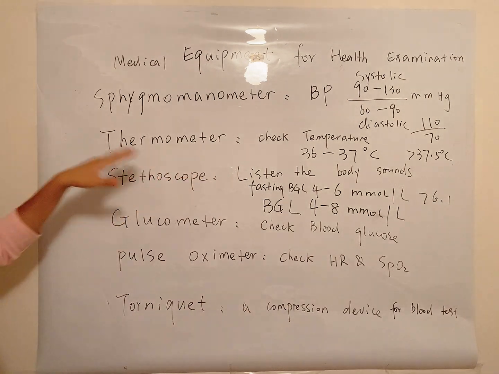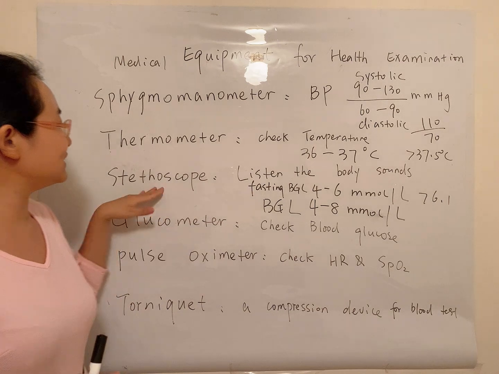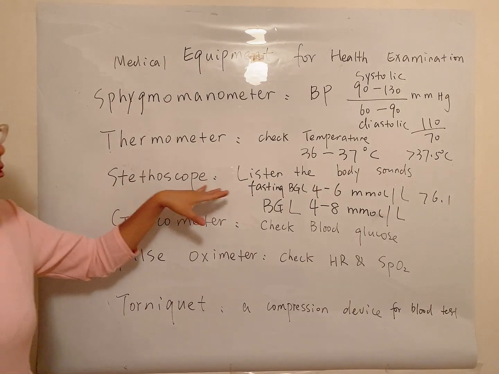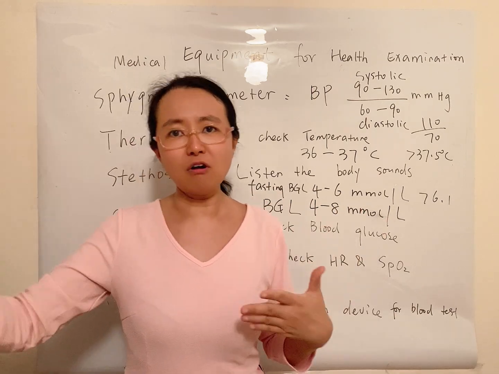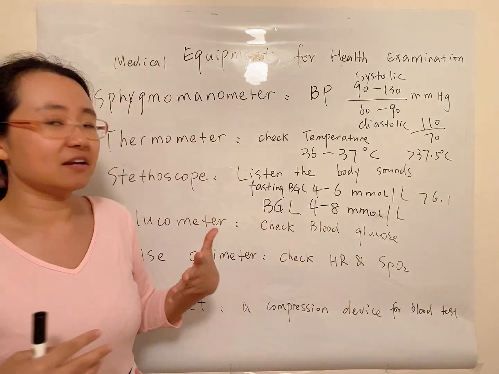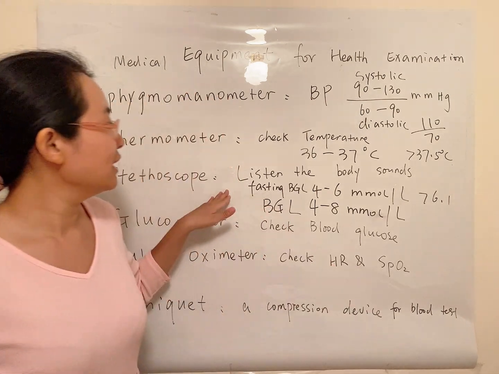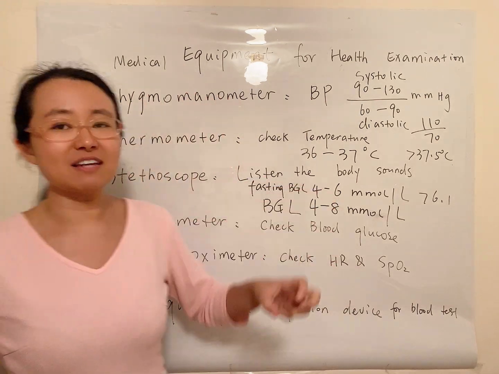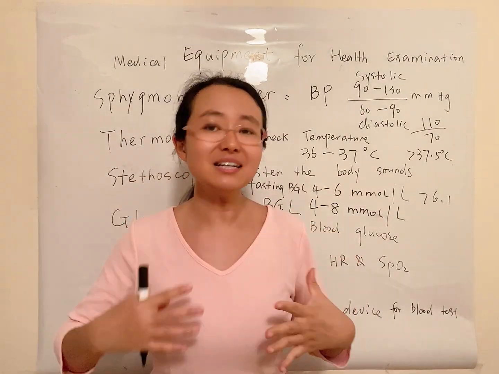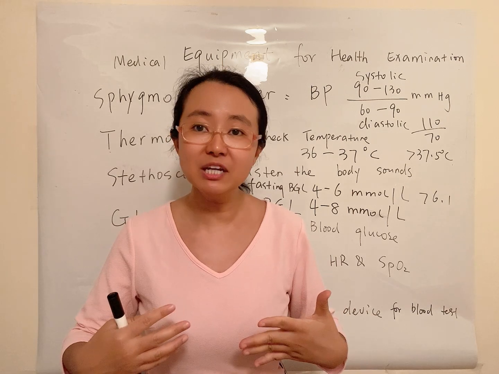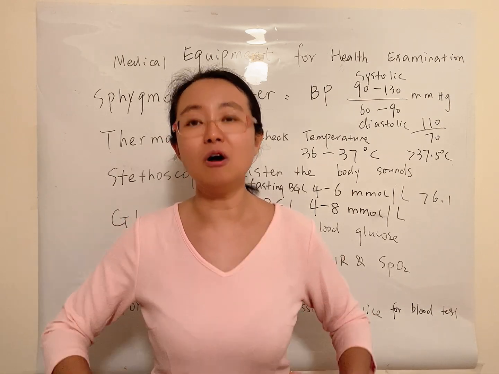All right. Now, the next equipment I want to introduce is the stethoscope. So stethoscope is the equipment used commonly by doctor to listen to the sounds of your body parts. For example, doctor can use the stethoscope to listen to your heart sounds, your heartbeat, your lung sounds, your bowel sounds, your abdominal sounds.